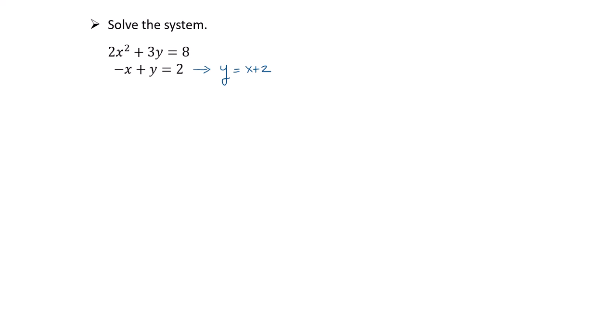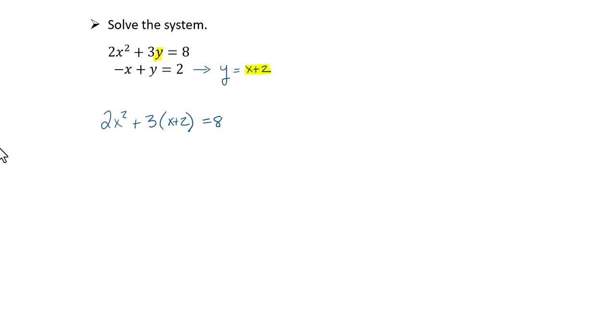So I have here that y is x plus 2. I'm going to substitute x plus 2 in for y in the other equation. This is going to give me 2x squared plus 3 times (x plus 2) equals 8.